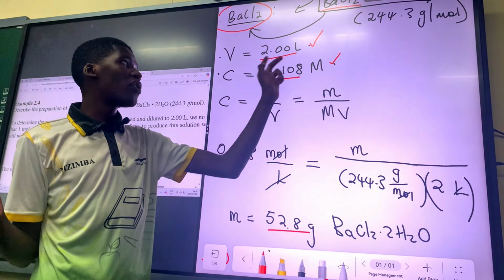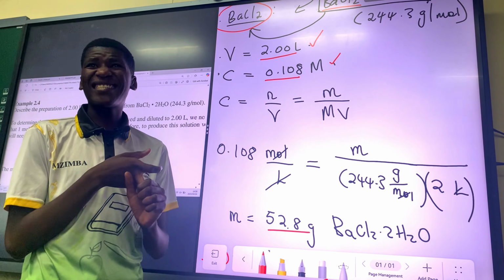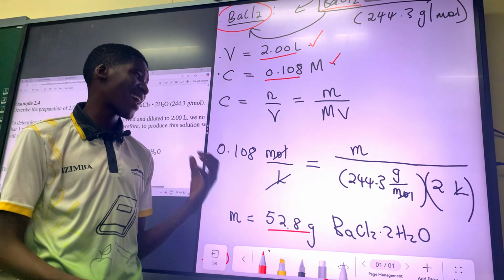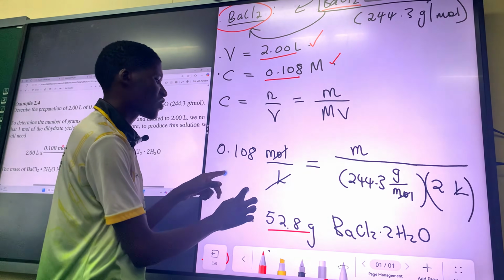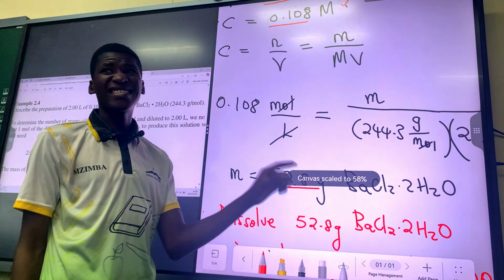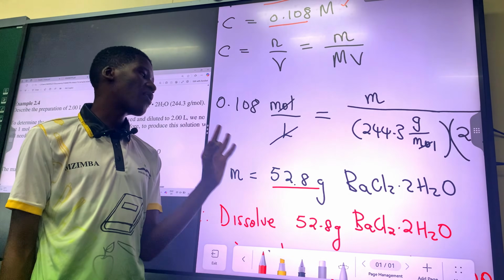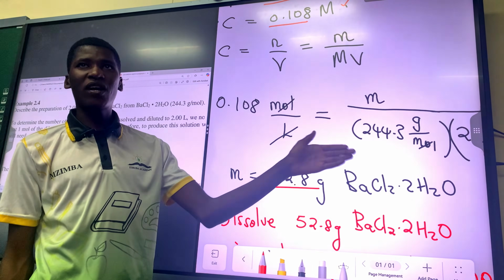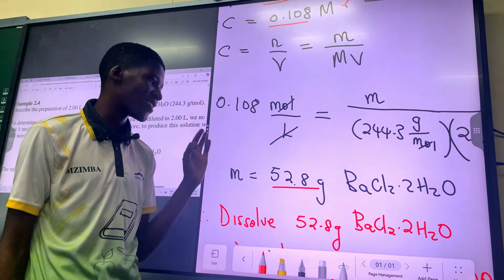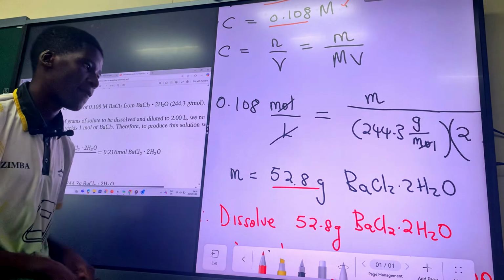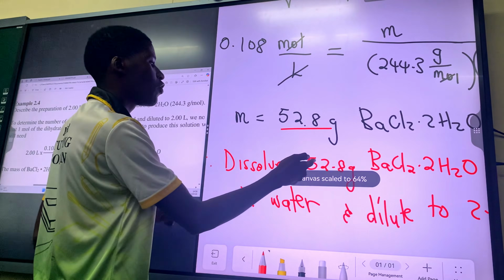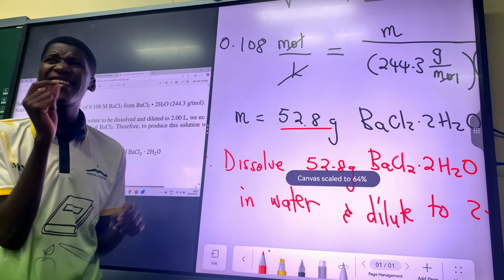So if your volume and concentration have 3 figures each, it means your calculation, your answer must have 3 figures. That's why here we have got 52.8. That's 3 figures. Because the calculator can give you 8, 2, 7, whatever, but you only round it off to 3 figures in total. So you must dissolve your 52.8 grams in water, specifically in water.